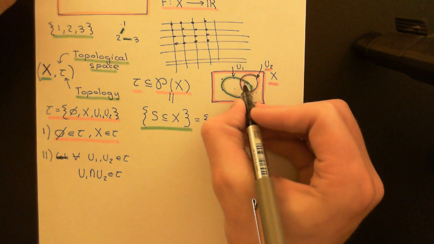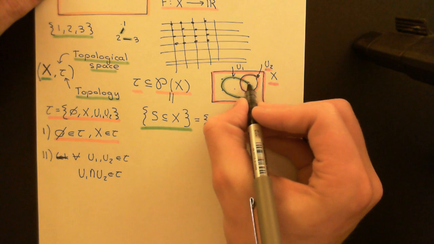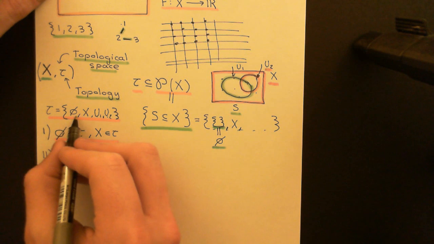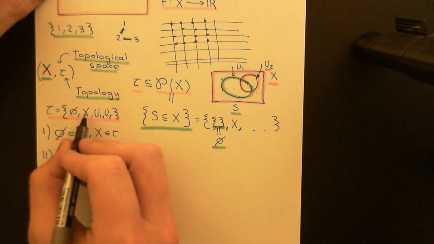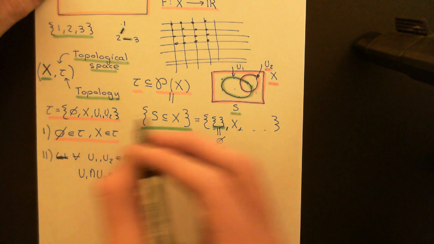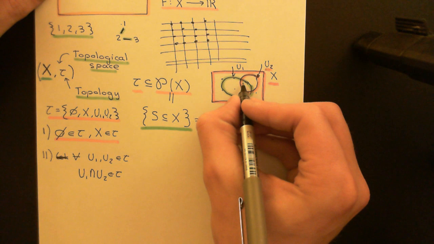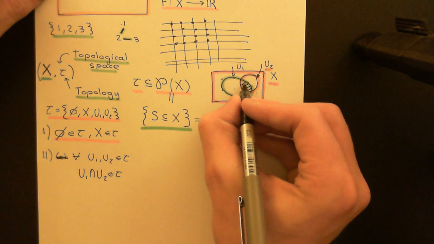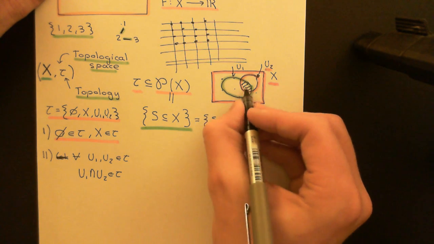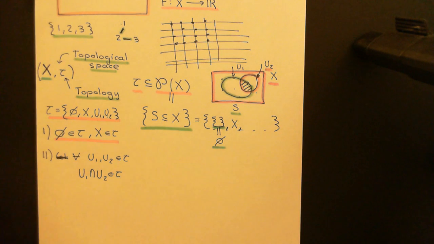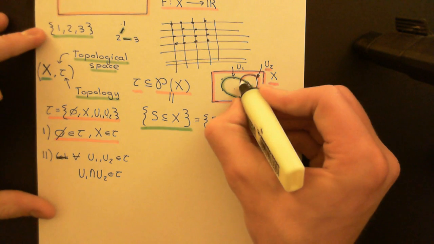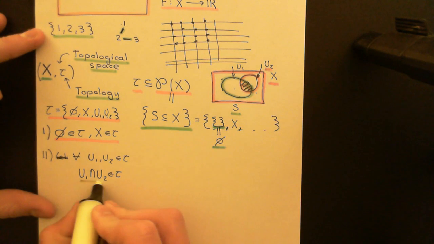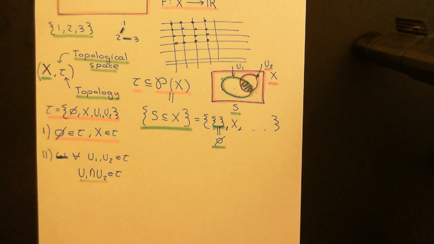Now, we're going to insist that if you pick any two elements from your topology and intersect them, you have picked the topology so carefully that the intersection of those two, U1 intersect U2, which I'll highlight in yellow here, also has to be in the topology tau.